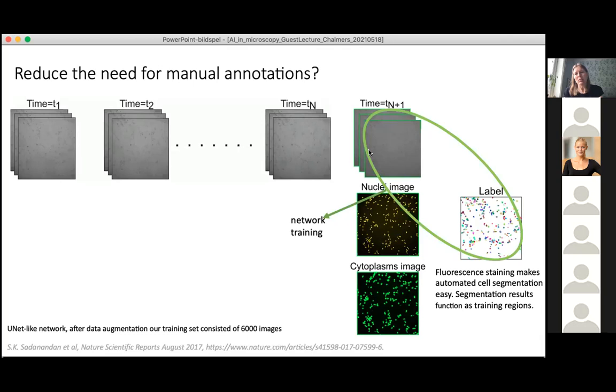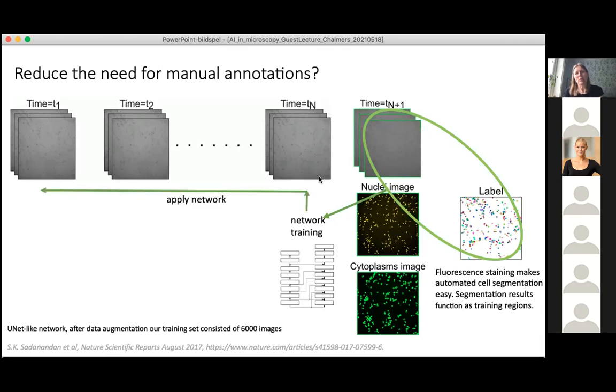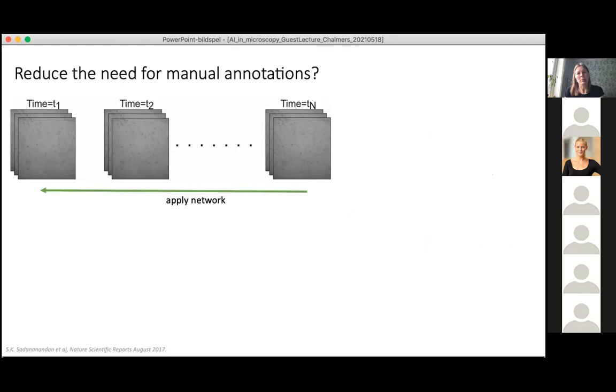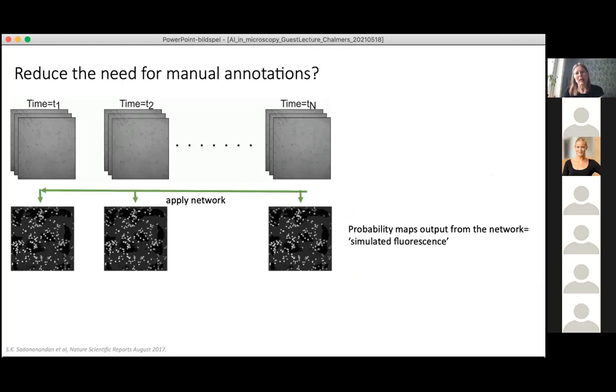And once we have trained that network, we can apply it to all the previous frames in our time-lapse experiment. And rather than getting a clean cell segmentation, what we get as an output is a probability map showing where it's most likely that the cells are located.